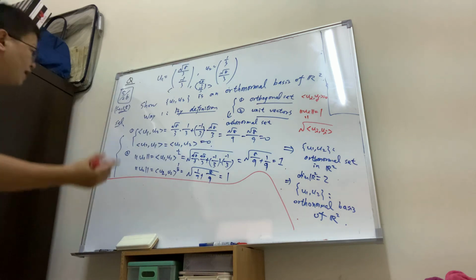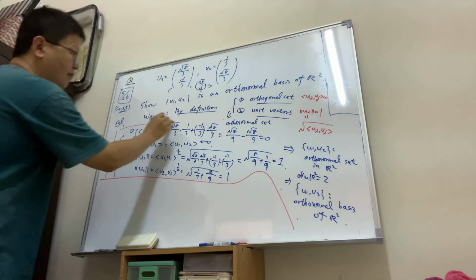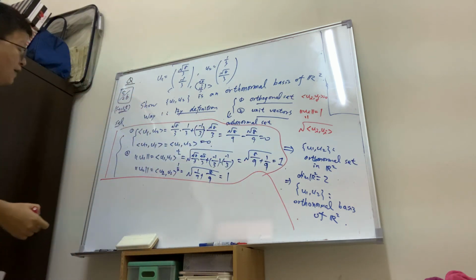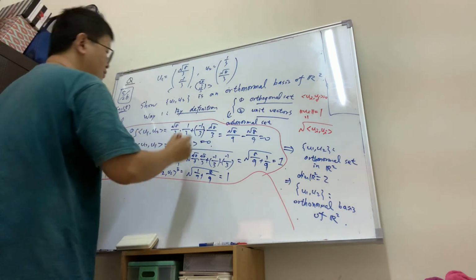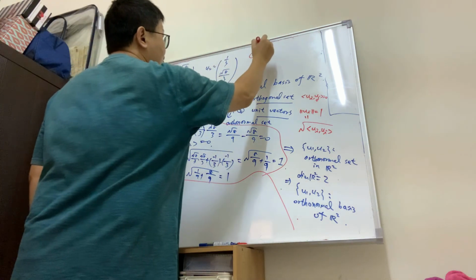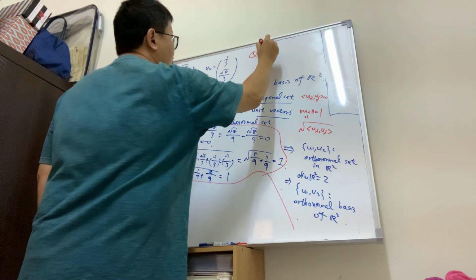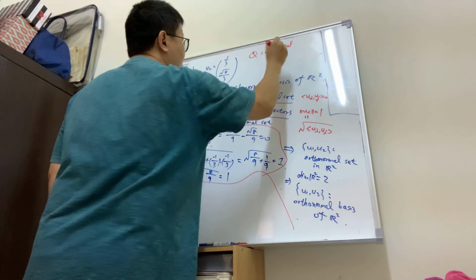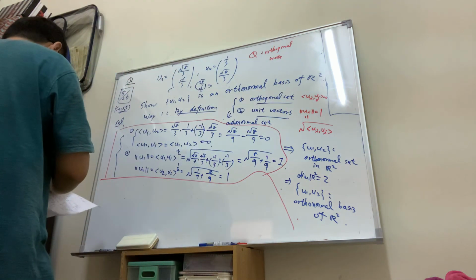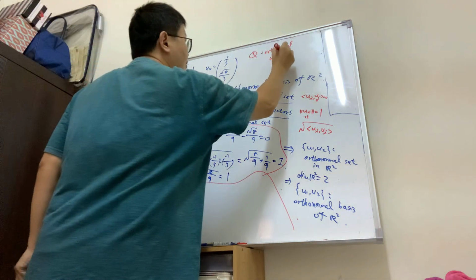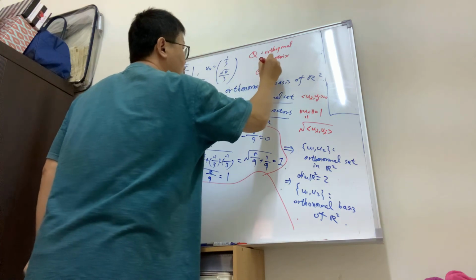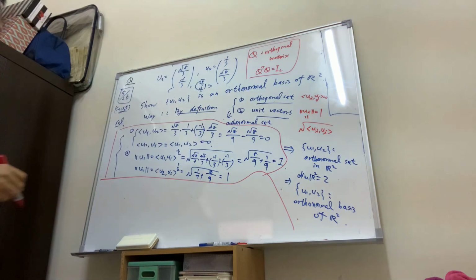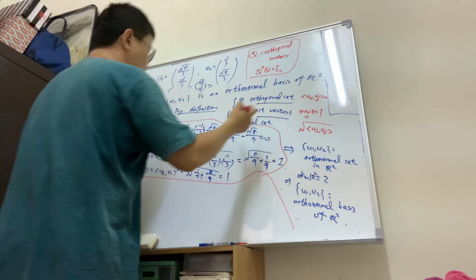And the second way, for this part, we could use the orthogonal matrix Q. If a matrix Q is called orthogonal, it means that Q transpose Q equals identity.